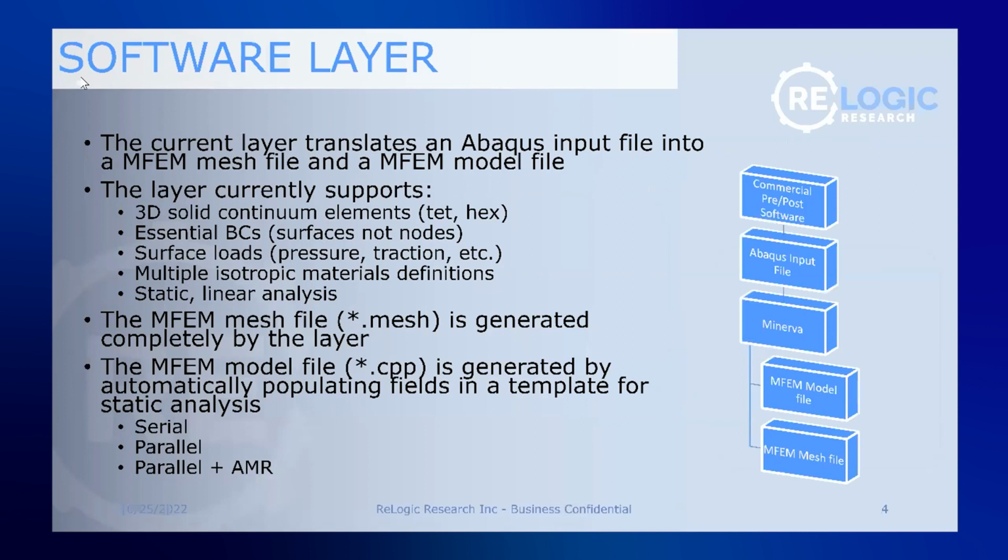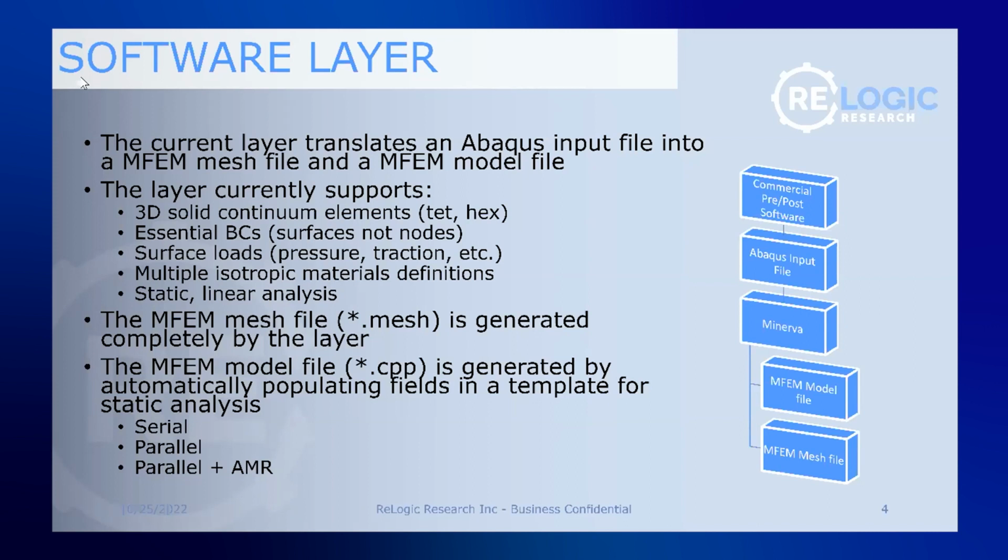So currently we have developed a software layer that is based around an Abaqus input file, and it currently supports 3D solid continuum elements, essential BCs, surface loads, both pressures and generalized tractions, and then multiple isotropic material definitions for static linear analysis.